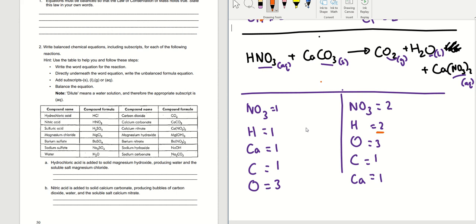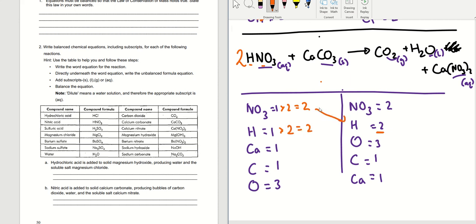So first step, hydrogen only appears once, so we're going to balance this formula out first, because these two only appear once on both sides. If I put a 2 here, I now have 2 nitrates, and I now have 2 hydrogens.